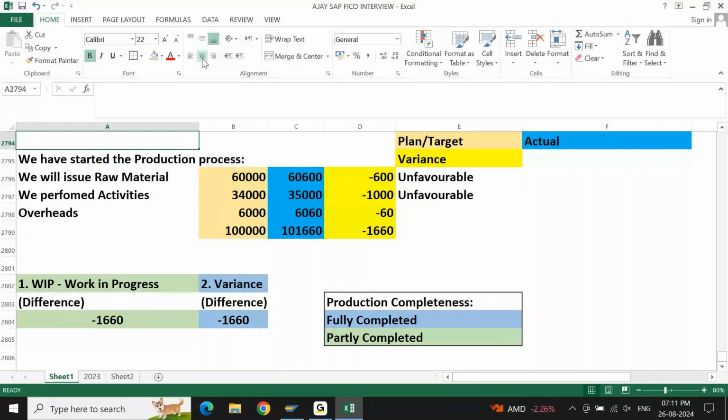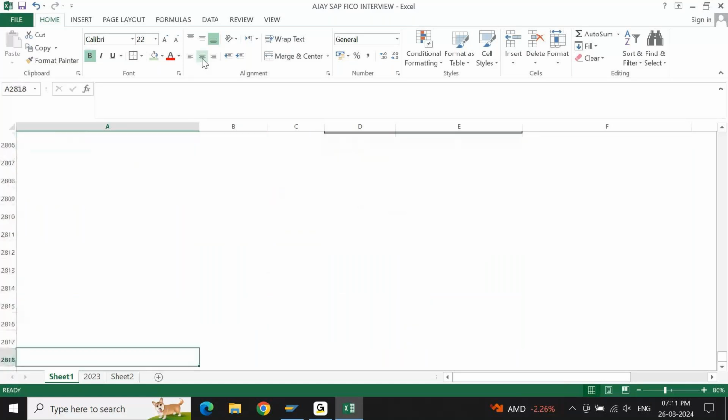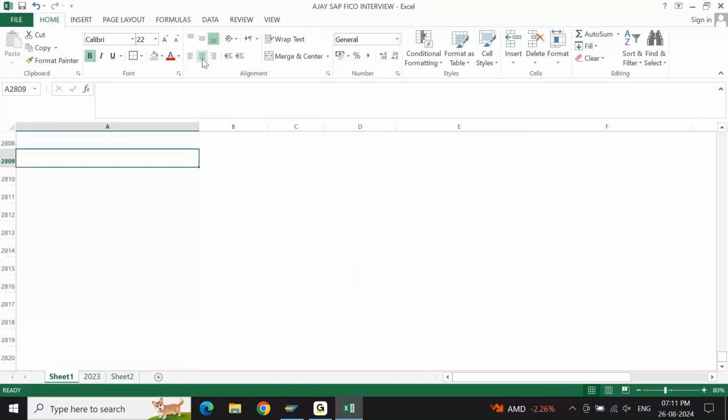Next thing, what I'll write here is, let's say, target quantity is equal to 100 units. This is what we were referring to.